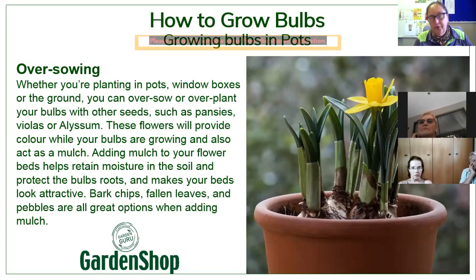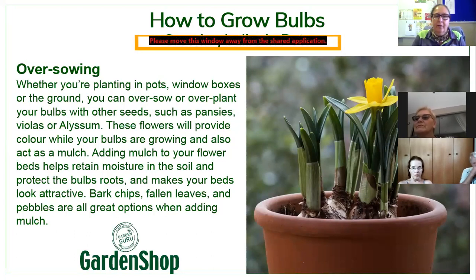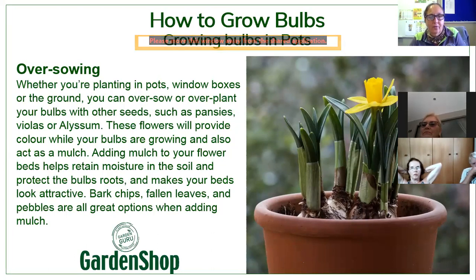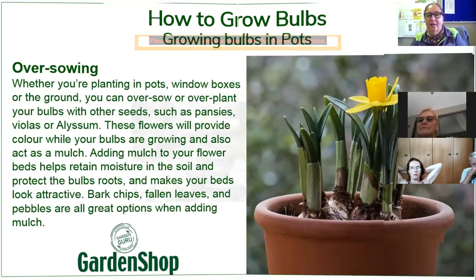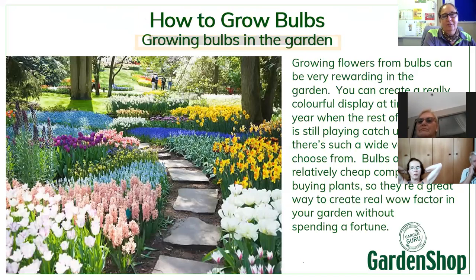If you want to sow some seeds of annuals, say for instance you've got some daffodils in the pot, you might want to put some viola seeds or alyssum seeds or primula seeds. You sow that in before you put the little stones on top of your pot, and then you water the whole lot well, keep it moist, and in no time you should start seeing the little buds emerging from your pot.